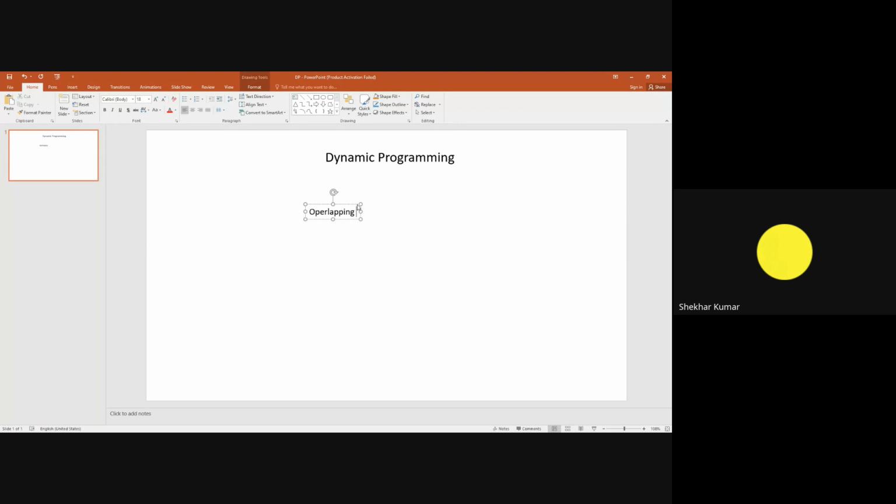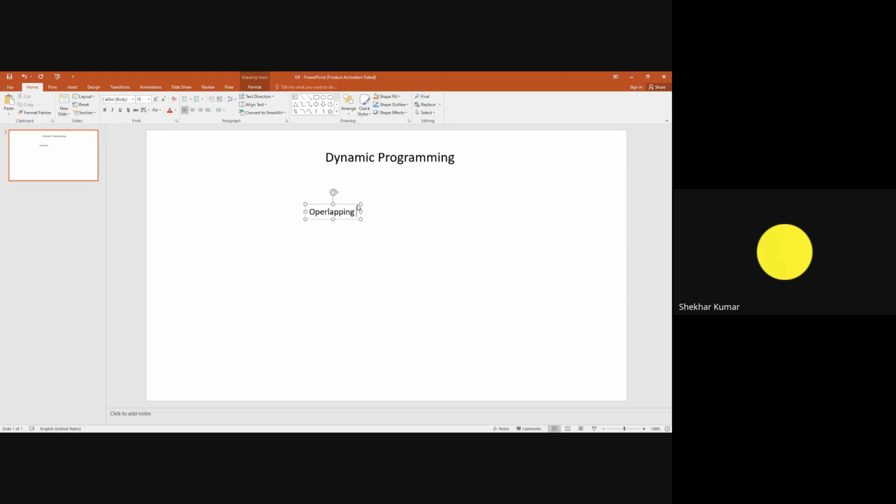We use memorization in the dynamic algorithm. So for this, we maintain a table in the dynamic approach to find out this result. It can be used in both approaches, either top down or bottom up. So this is your dynamic programming basics.